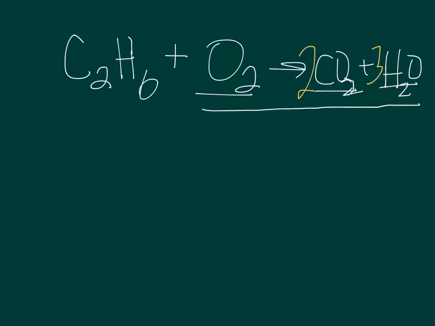I have 4 plus 3 more is 7, and 7's an odd number. This would work if I had 3.5 here, but we can't have a half as a balancing number. So I'm going to go through and double all of these yellow numbers, and that'll be my new balancing numbers.